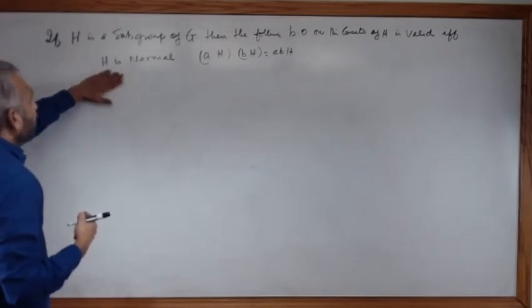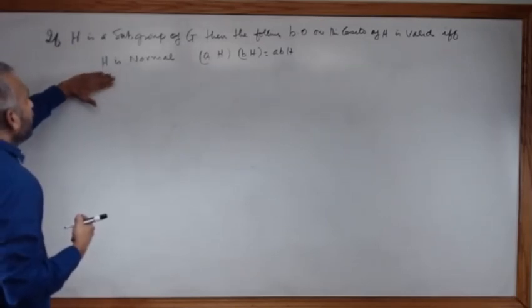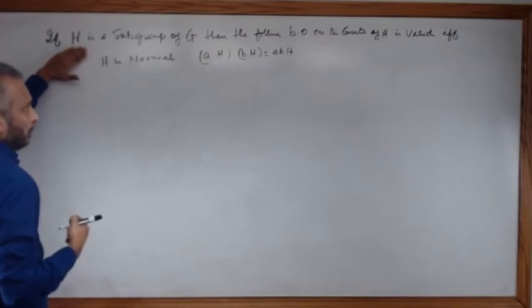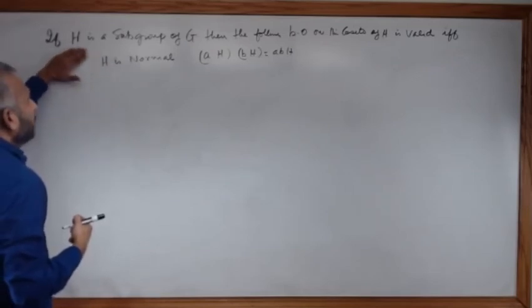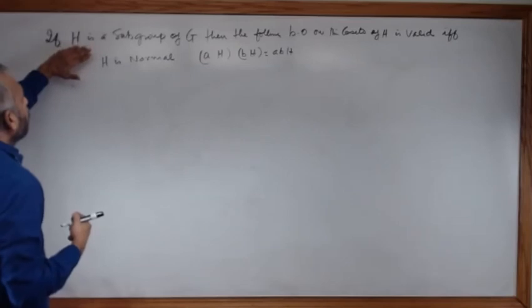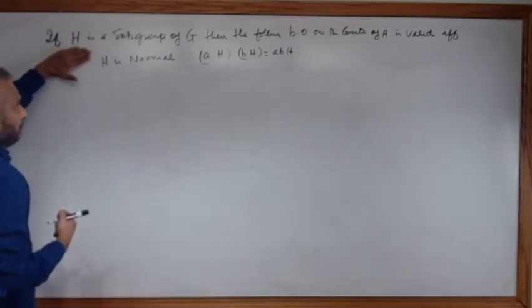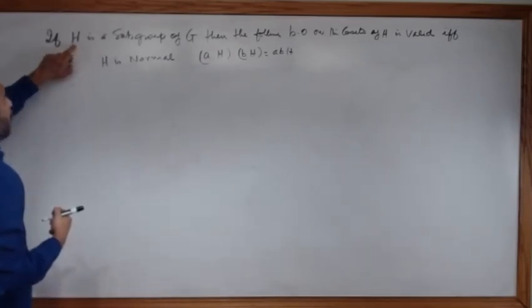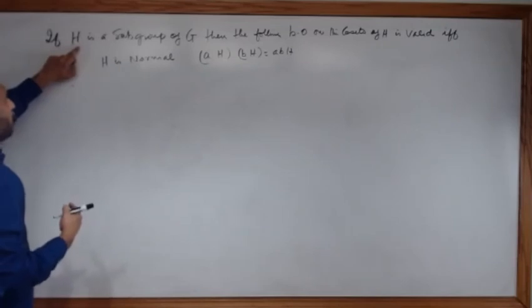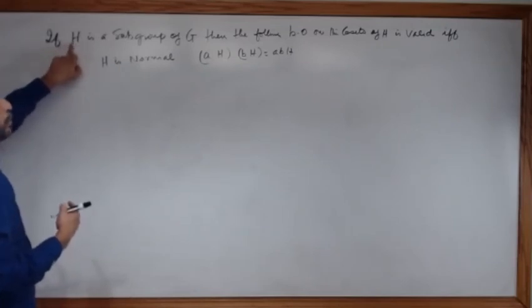Our objective is to create a factor group, just like we did using homomorphism. Instead of the kernel of the homomorphism, we have a normal subgroup here.